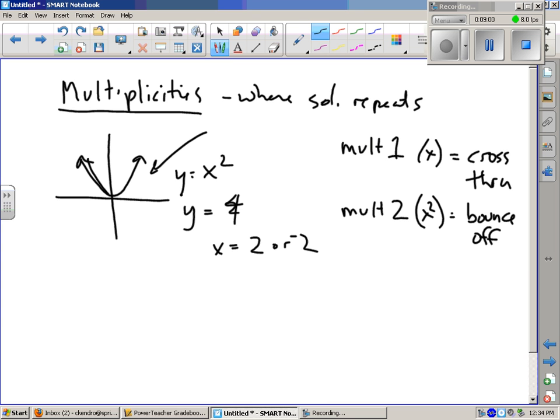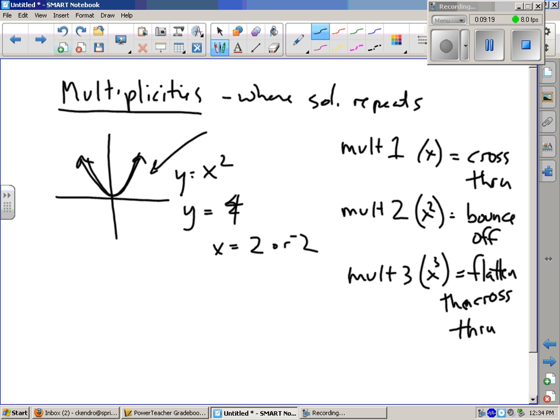See, we go down and then it bounces off and comes back up. If we have a multiplicity of 3, which would be x cubed, it's going to flatten out, then cross through. Okay, we'll do some examples of those.